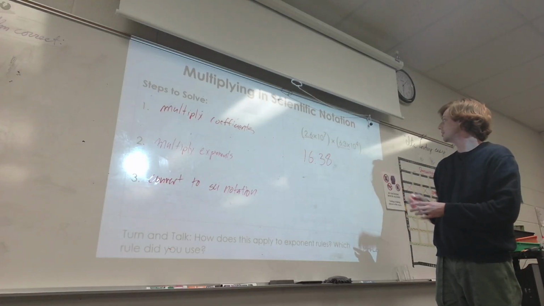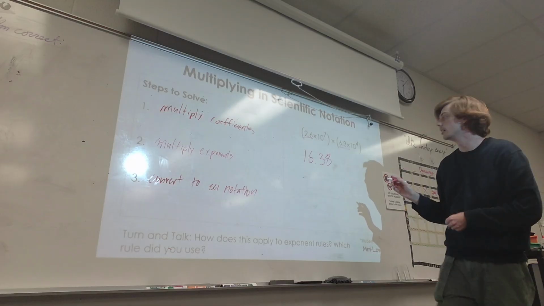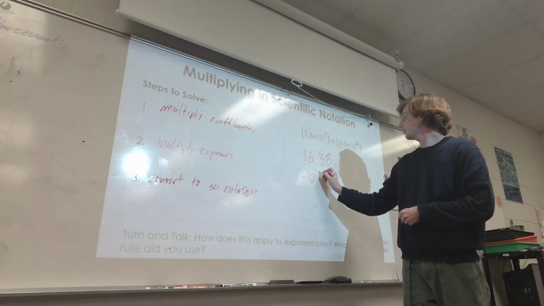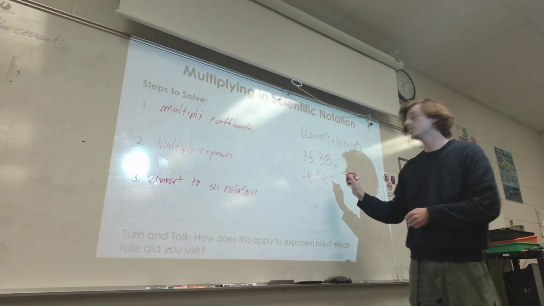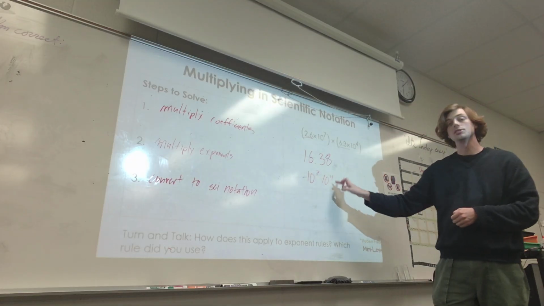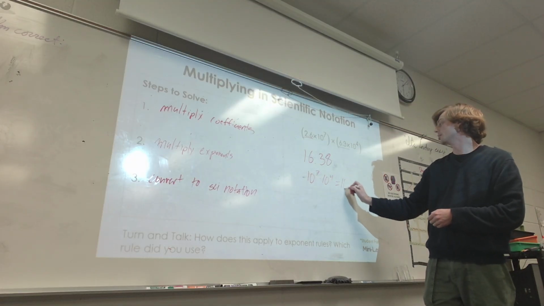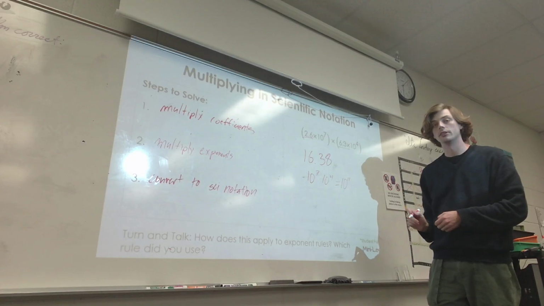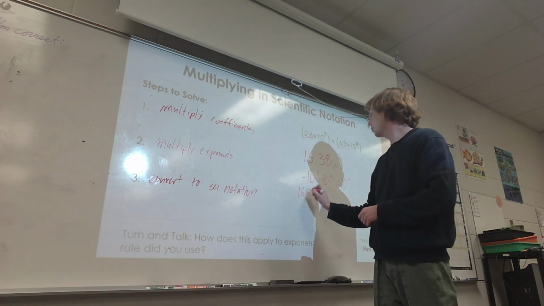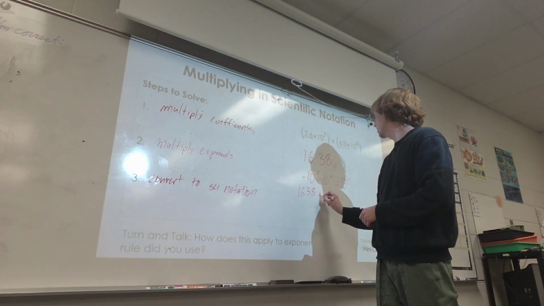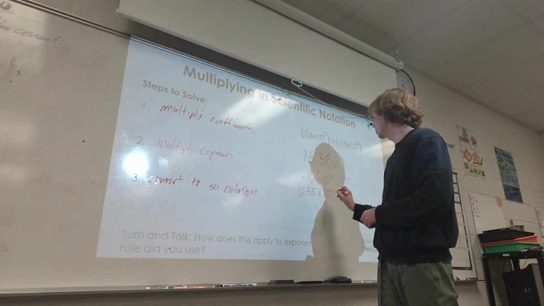That's 10 to the 7 times 10 to the 4. Right? We just took a quick check and a CFA over this. This is product rule. You add the exponents, 10 to the power of 11. So that leaves us with 16.38 times 10 to the power of 11.